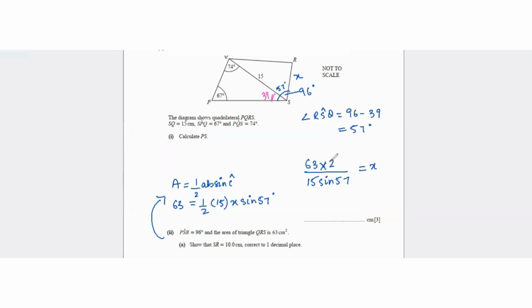So 63 times 2 divided by 15 divided by sine of 57, that is 10.0.